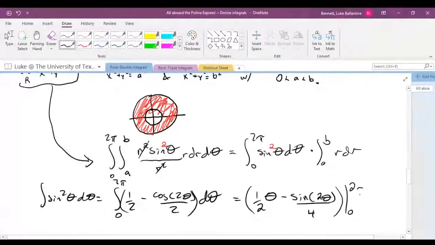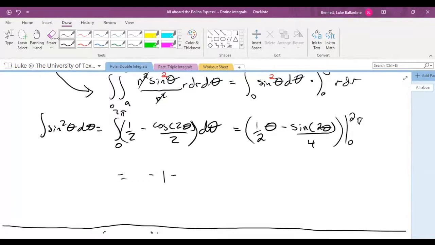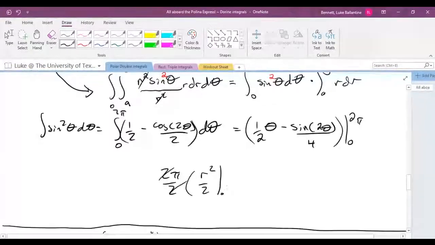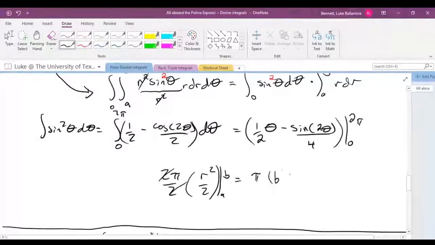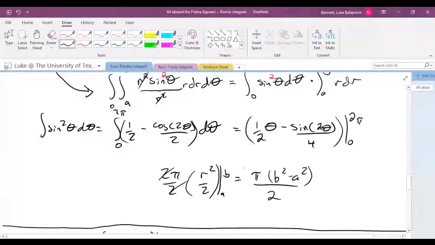For this first integral, we get 2 pi over 2 minus sine of 4 pi, which is 0. Minus, and you plug in 0, you zero everything out. So this is just pi. And then times r squared over 2, evaluated from a to b. So this is pi times b squared minus a squared over 2. This is the answer.